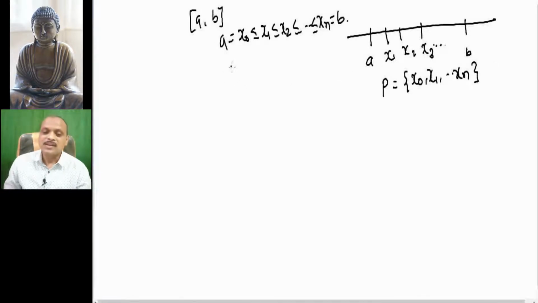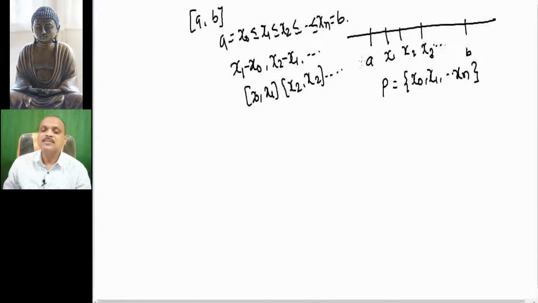Then the differences x1 minus x0, x2 minus x1, and so on, are called the lengths of the sub intervals, x0 to x1, x1 to x2. These are the sub intervals of the closed interval a comma b.